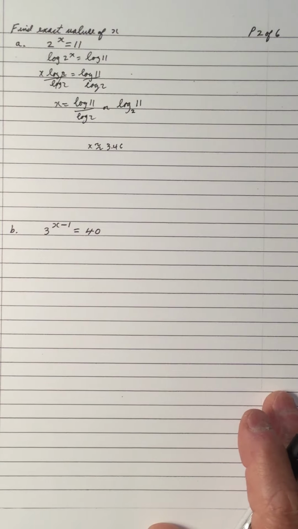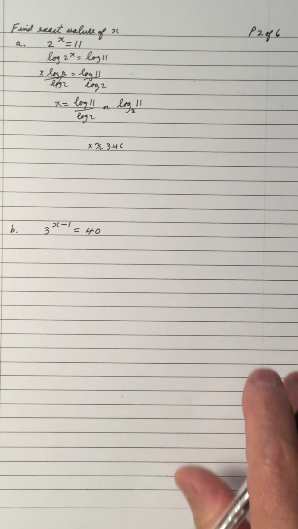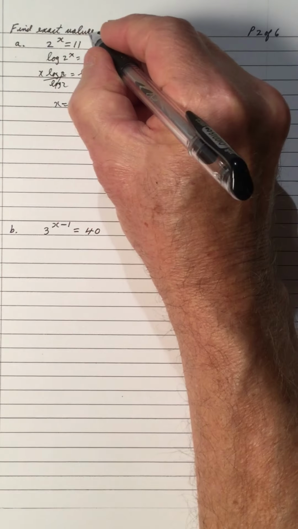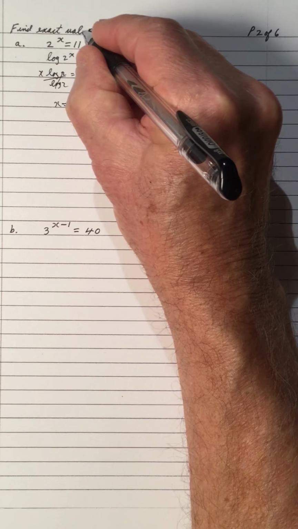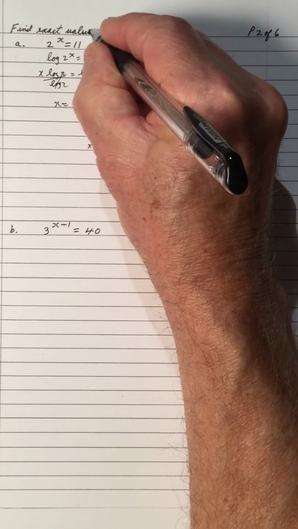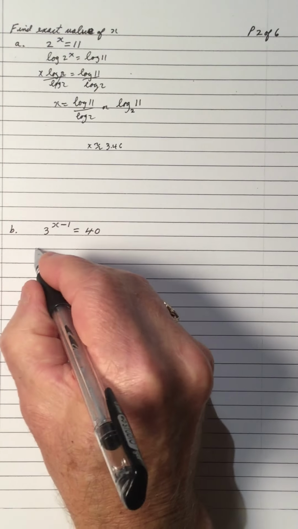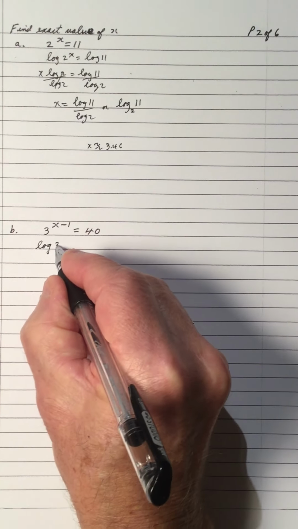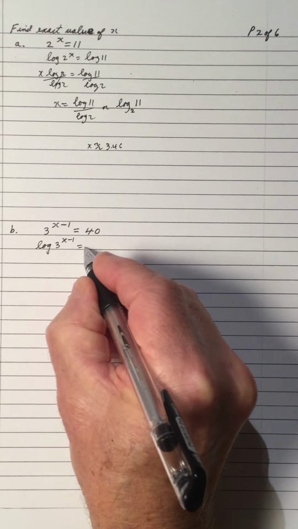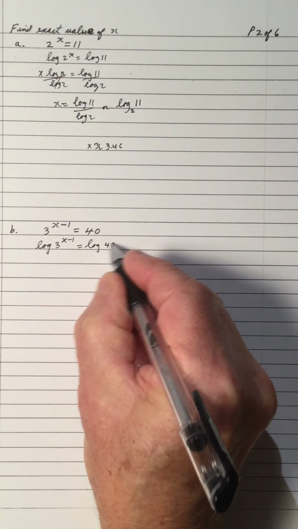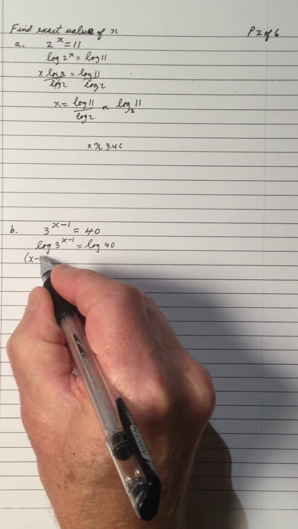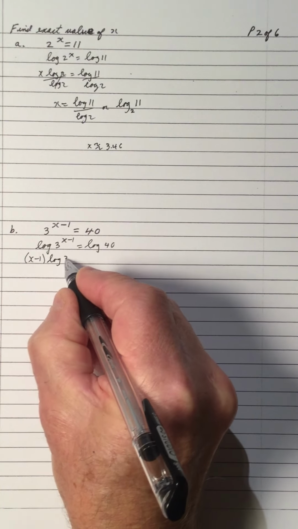Let's do another one. We've got to find the exact value. I had two e's here, it's value, V-A-L-U-E. Okay, just a little spelling error. And again, x is in the exponent, so we'll do the log of each side. And so the power x minus 1 moves in front times the log of 3.